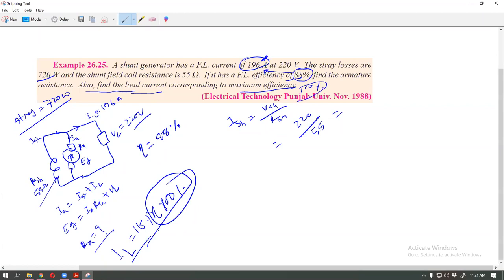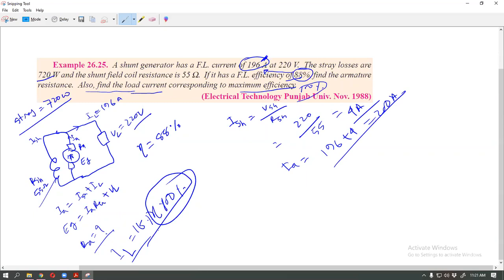Using the calculator, it's 4 ampere. Then IA is equal to 4 plus 196 ampere, so 200. So IA finish.